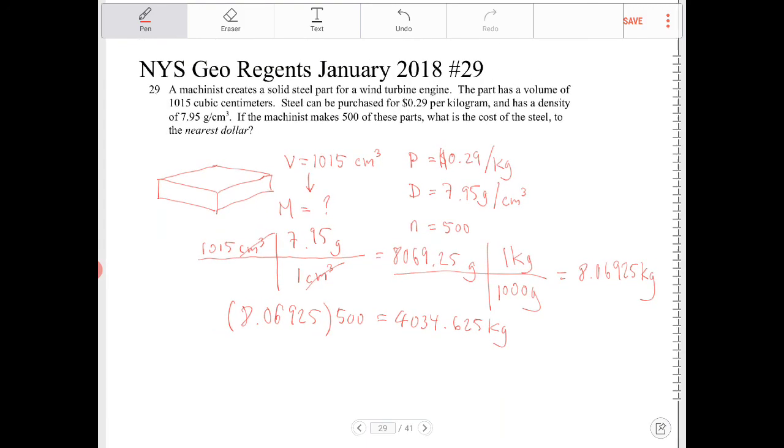So all 500 parts will require 4,034.625 kilograms worth of steel.